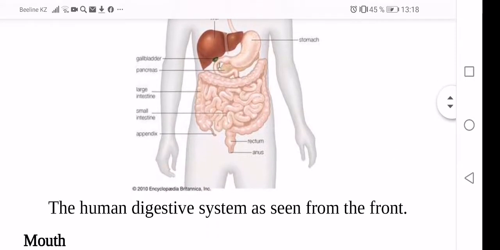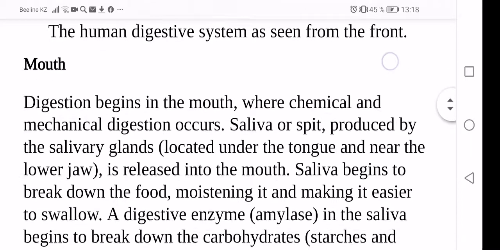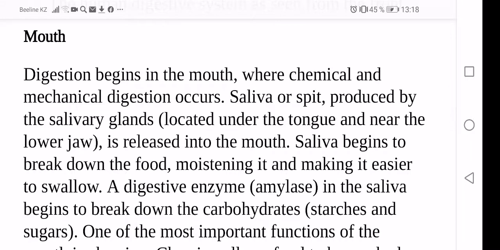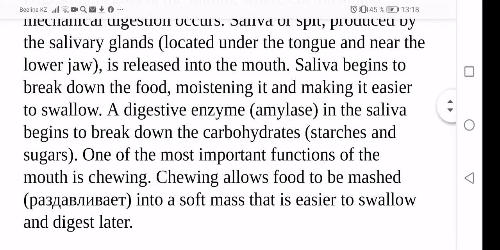Mouth. Digestion begins in the mouth, where chemical and mechanical digestion occurs. Saliva, or spit, produced by the salivary glands located under the tongue and near the lower jaw, is released into the mouth. Saliva begins to break down the food, moistening it and making it easier to swallow.